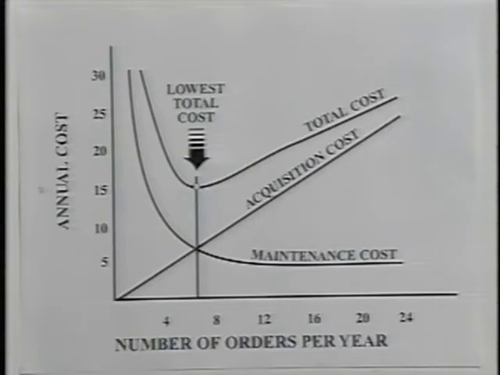Acquisition cost is the cost to acquire, and in this case that's the purchase order cost. Another acquisition cost, if the item was manufactured, would be the setup cost. Then we have that bottom line called maintenance cost. That's a geometric curve, it starts on the left, and works its way down to the right.